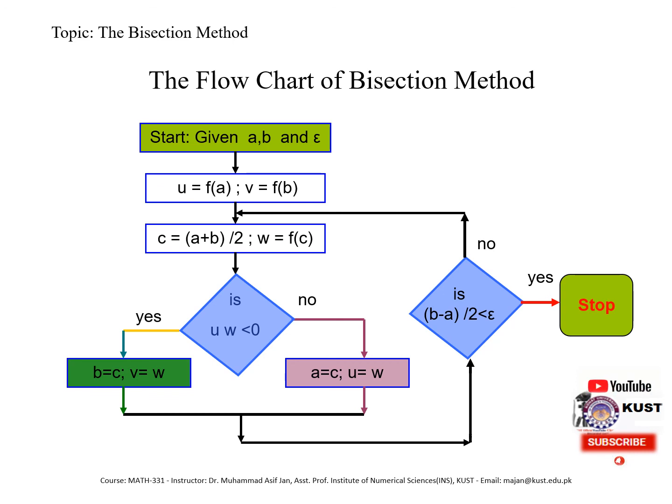Otherwise, C will become the point A of the new interval. Then, if the stopping tolerance, that is (B minus A) by 2 less than epsilon, is satisfied, then we will stop the process. Otherwise, we will find the midpoint of the new subinterval and the procedure will move on.